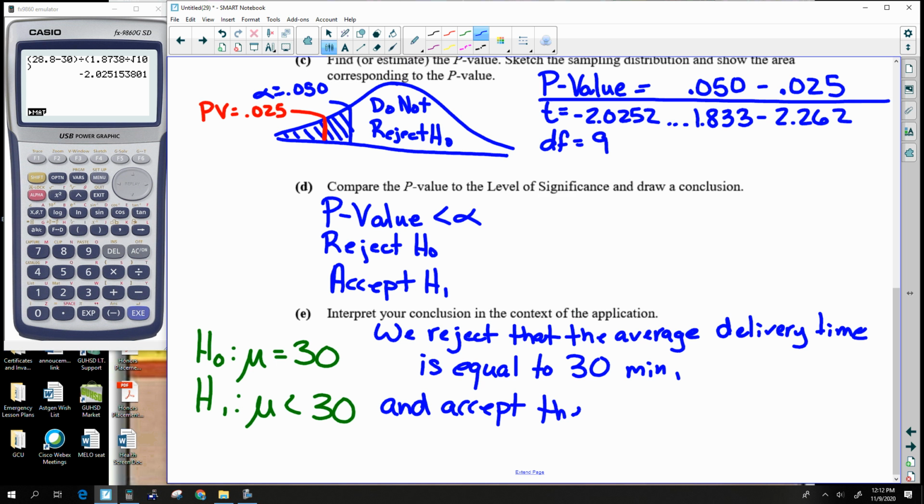Mu is less than 30. So again, just deciphering what symbols are, just saying symbols in English words.